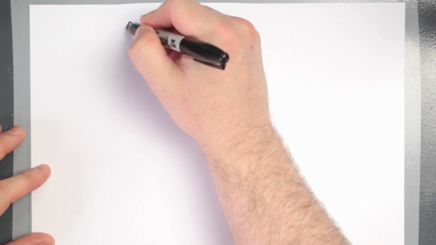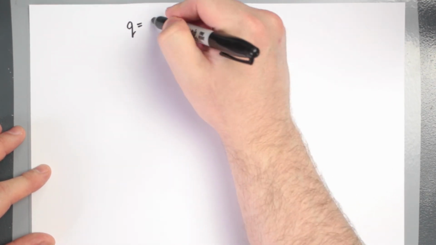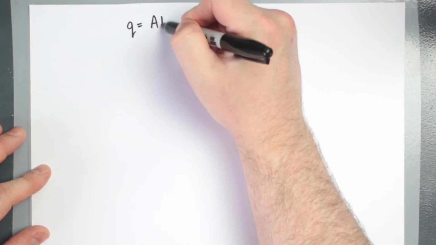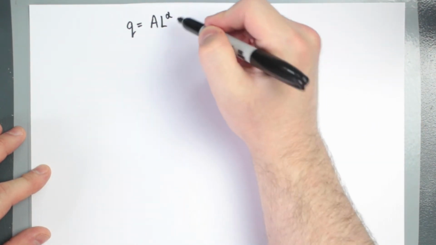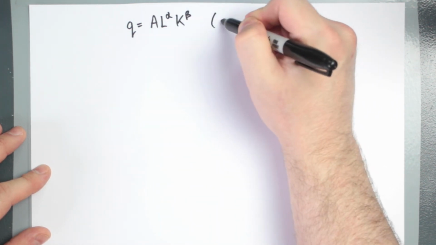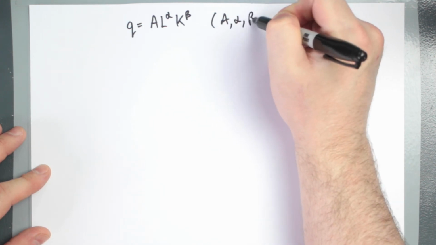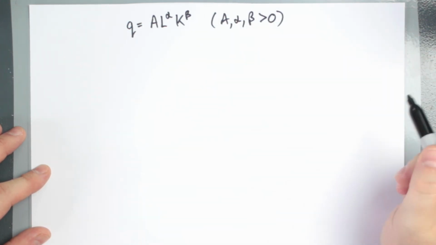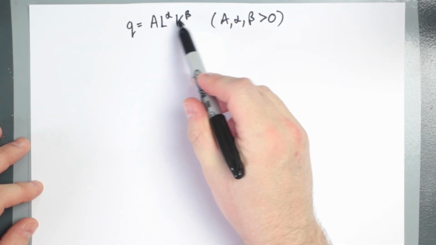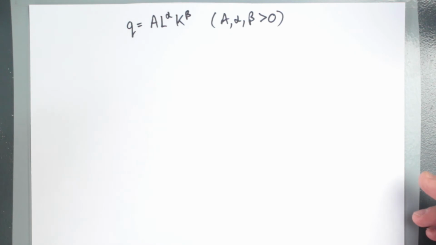So we know this by now, that the long-run production function, the Cobb-Douglas case, is Q equals some constant capital A multiplied by labor L to the power alpha multiplied by K to the power beta, where A, alpha, and beta are greater than 0. We know that the sum of these is interesting, so if alpha plus beta is equal to 1, that's the constant returns to scale case, etc. So we know quite a lot about this long-run production function by now.